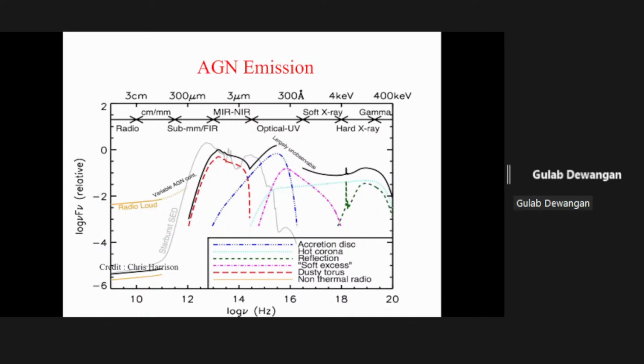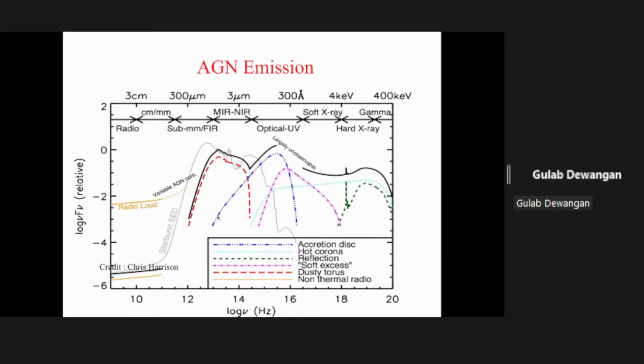We'll come back to the processes generating X-ray emission, but to look more clearly at the different emission components in AGN, I have shown here the spectral energy distribution of an AGN. This is for radio quiet AGN, and of course for radio loud AGN as well.